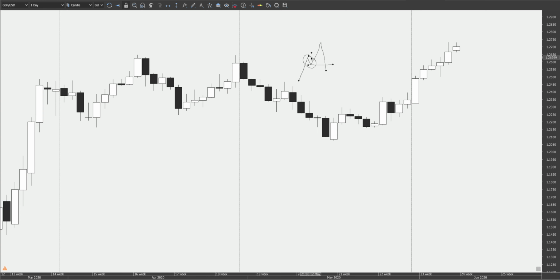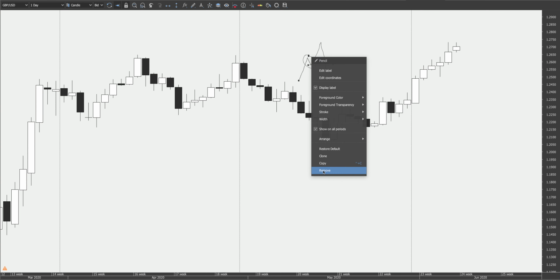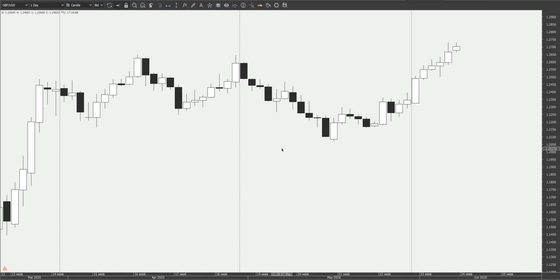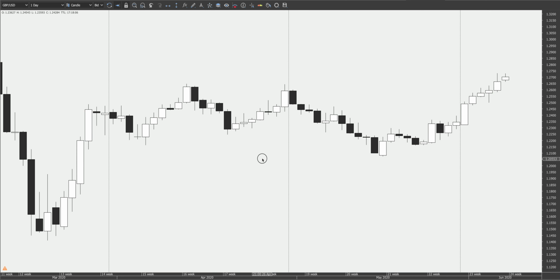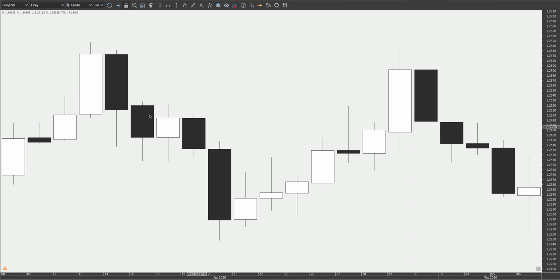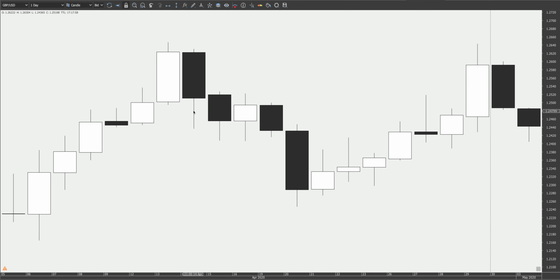Okay, so I'll give you an example of what I'm trying to say here. Let's take the example here. So I'm going to draw that for you. For example, the market has been pushing up all the time here.